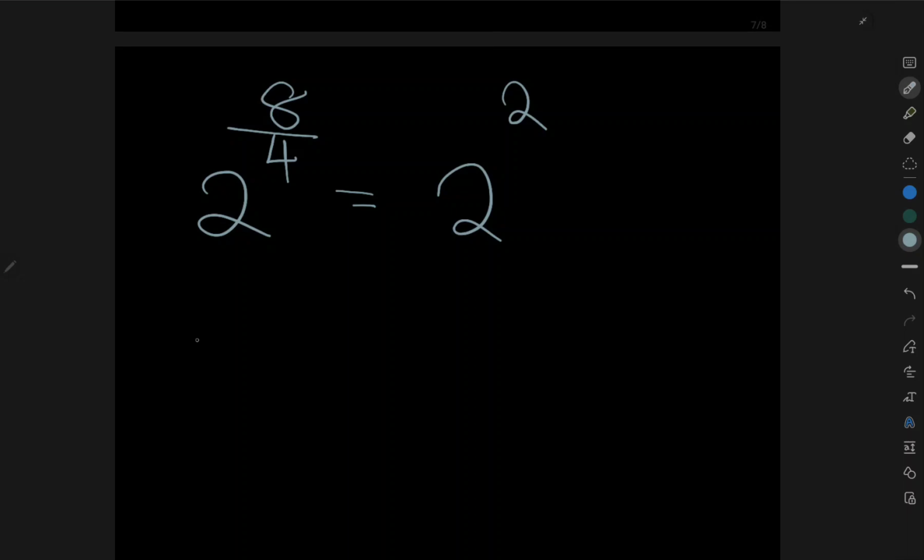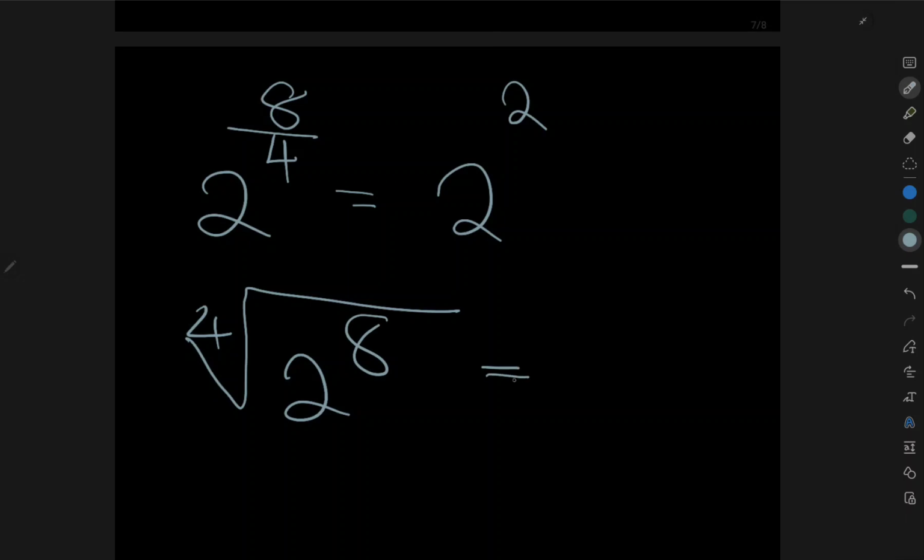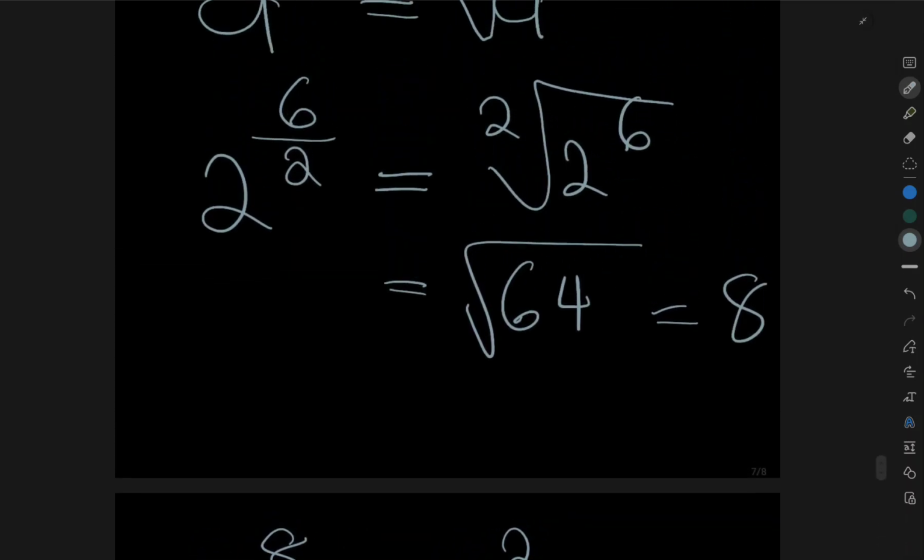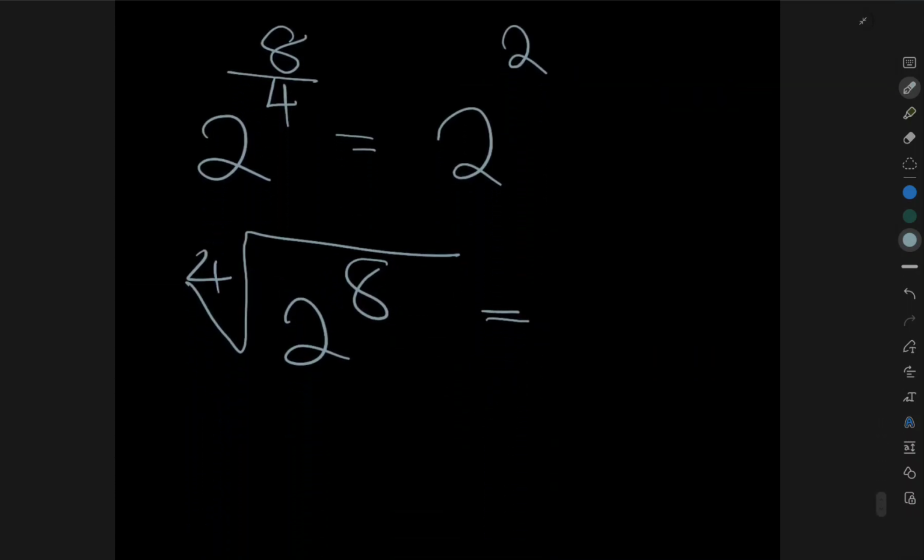If we were to rewrite that, the root will be 4, and this will be 2 to the power of 8. 2 to the power of 6 is 64, then 128, then 256, so 2 to the power of 8 is 256. And the fourth root of 256, you'll still get the same value of 4.